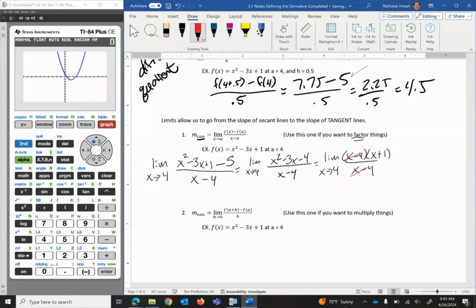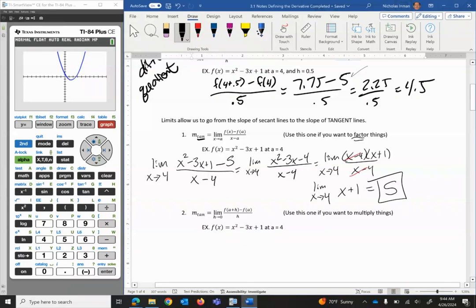Those 4s will cancel. So we are just left with the limit as x approaches 4 of x plus 1. Plug in 4 now, we can do. So 4 plus 1 is 5. All right, so the true slope of our tangent line is 5 right here. If you make those 2 points really, really close together, we get 5.